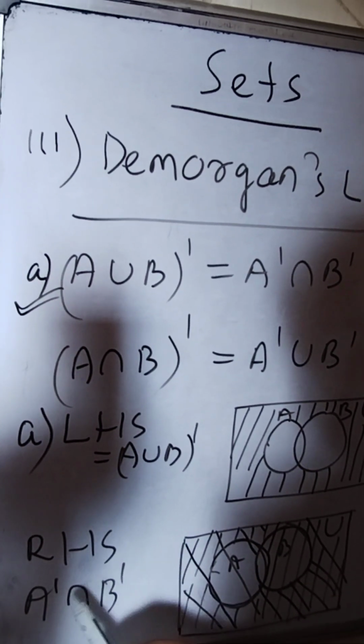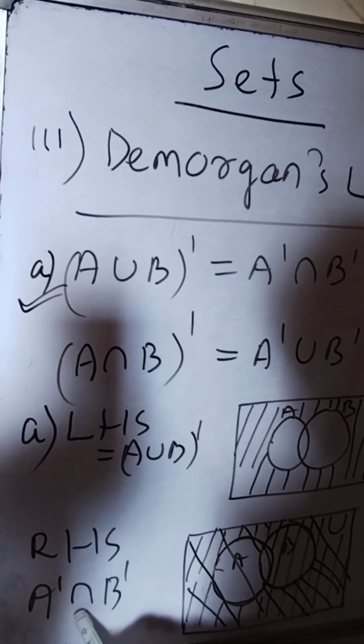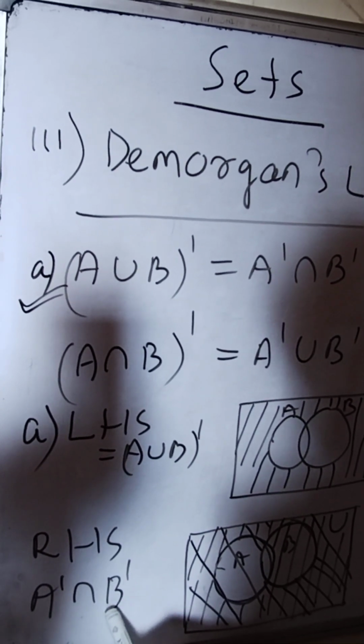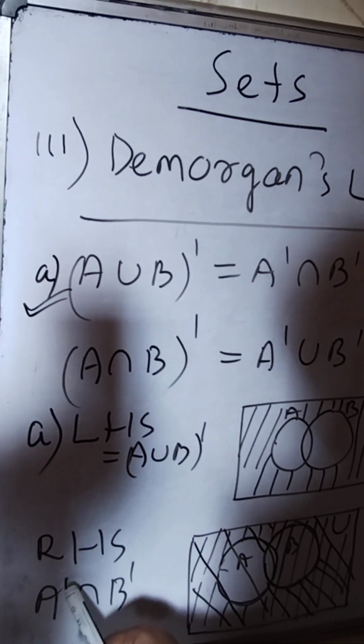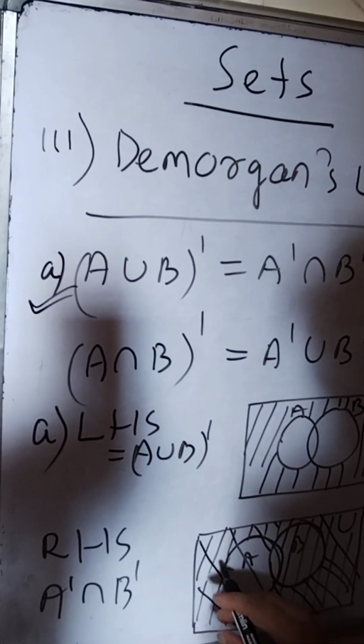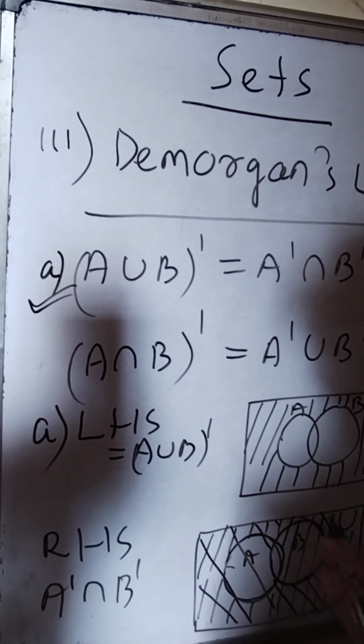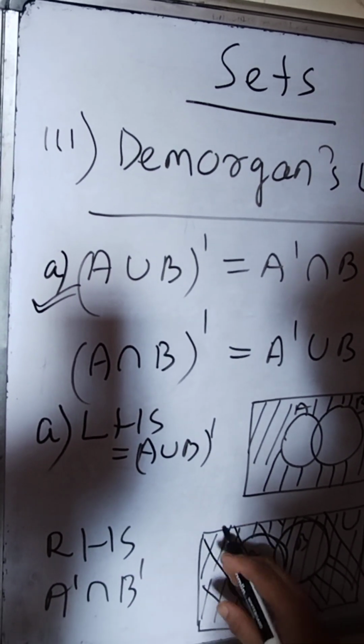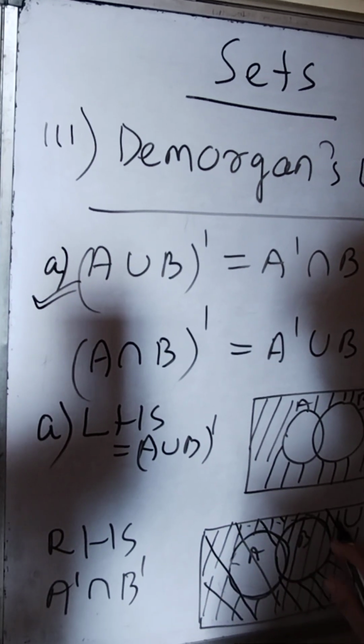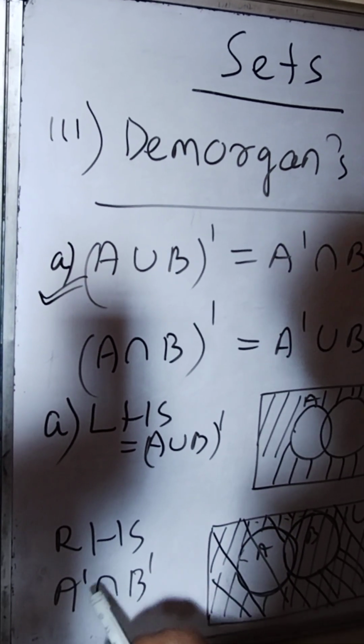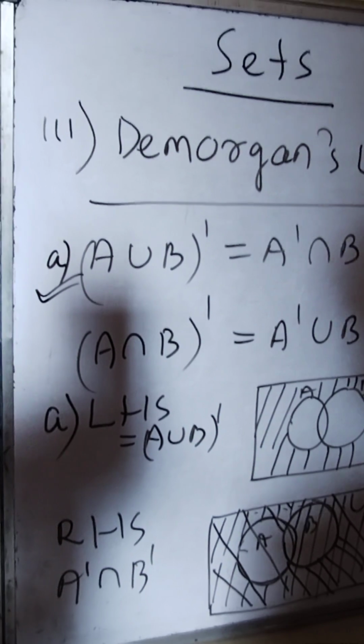Now what is the common? Because here it is intersection, you know, intersection of two sets is the elements common to both sets, that is A complement intersection B complement is this portion which is double shaded. So your double shaded portion is your A complement intersection B complement.